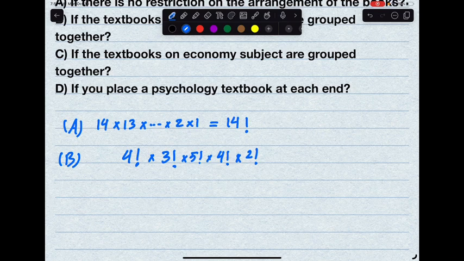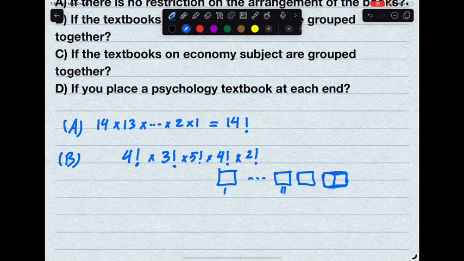Let's say these 2 economic books are just one object, and there are 12 other objects, which are the other 12 books. First book, and here is the 11th book, 12th book, and here are the economic books. So that means we have 13 objects.